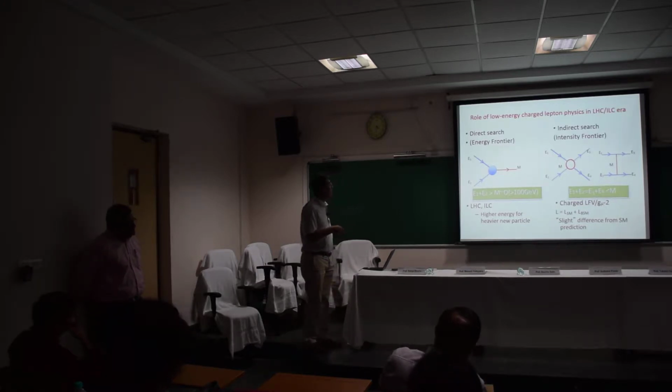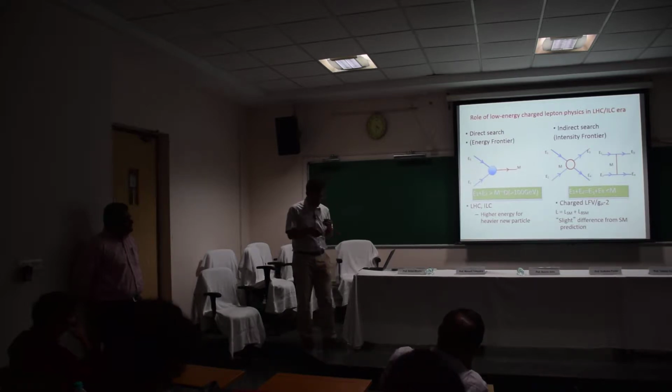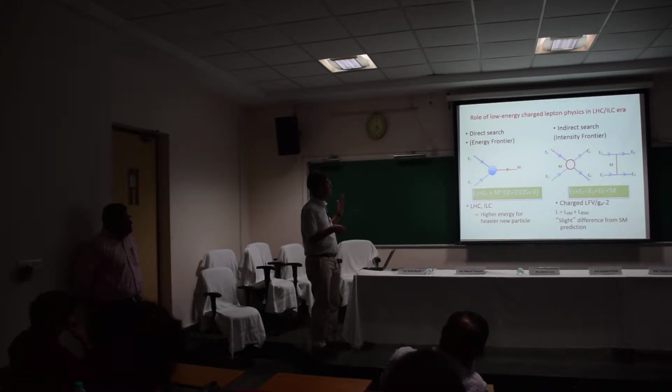There are related particles, say initial two particles or final two particles, but we try to look not for an observable particle but for the internal particle, a kind of loop particle. A new particle circulates like this.